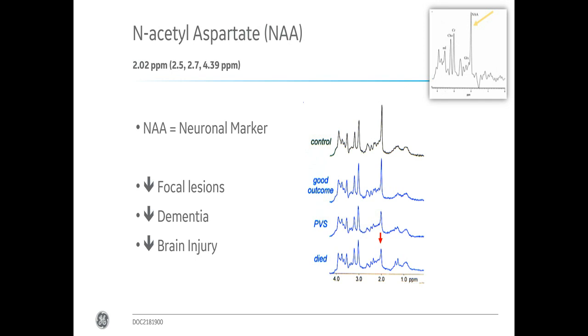We really can say that if there is approximately 20% of NAA loss, which you would think is not good if you lose something like 20% of your neurons, even then there is a good prognosis for recovery. But for those who lose about 50% or more of their neurons, there is unfortunately not a good prognosis for the outcome.